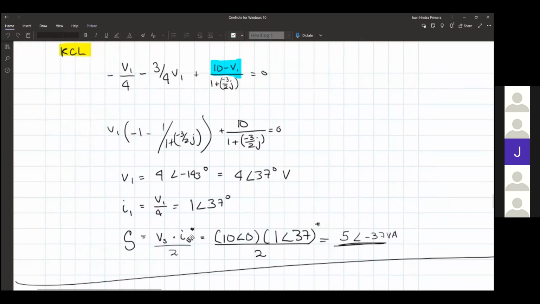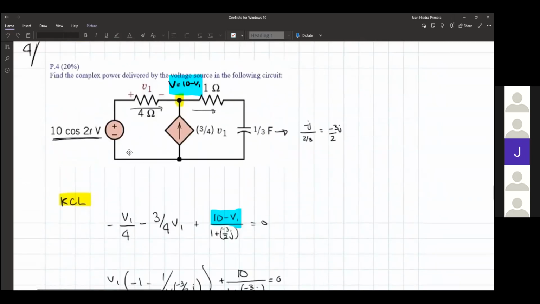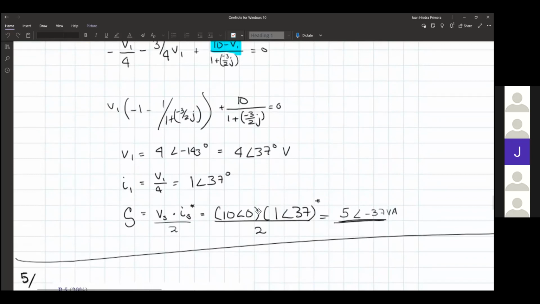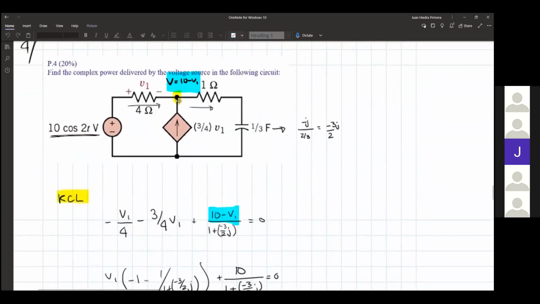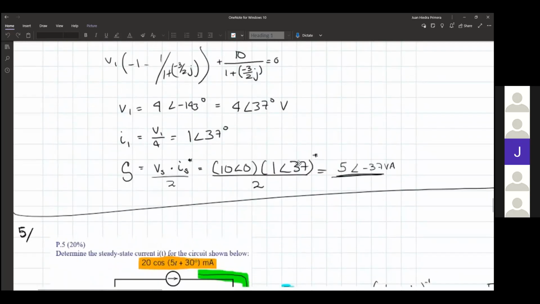So the voltage of the source is 10 angle 0, since the source has no shift, as you can see here by cosine 2t plus 0 degrees, times I1, which is in series with the voltage supply. So it is the same current, 1 angle 37 conjugated, all over 2, and you end up with 5 angle 37 degrees volt amps.